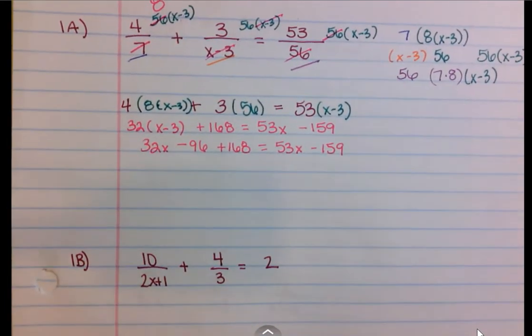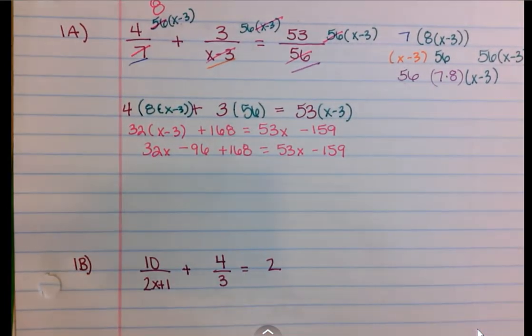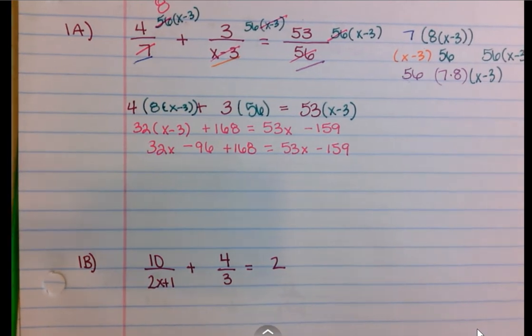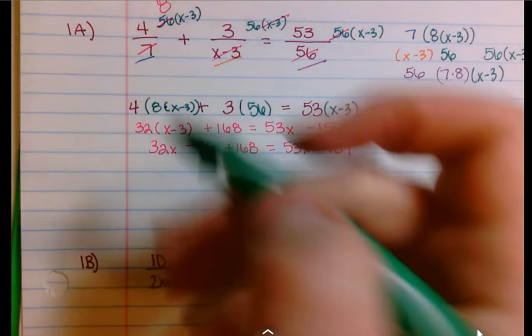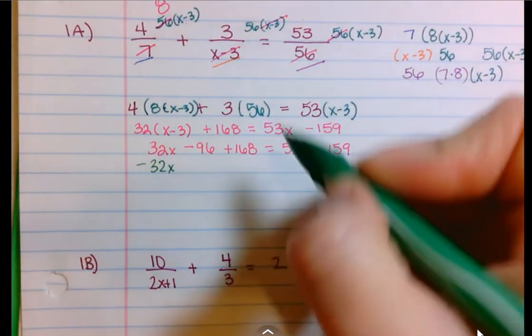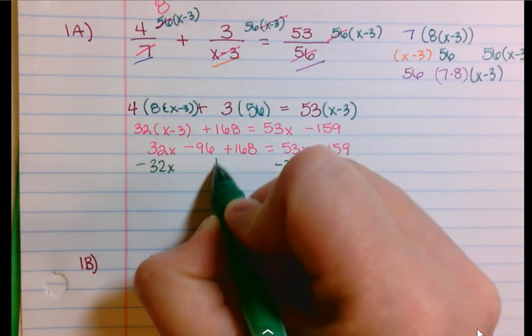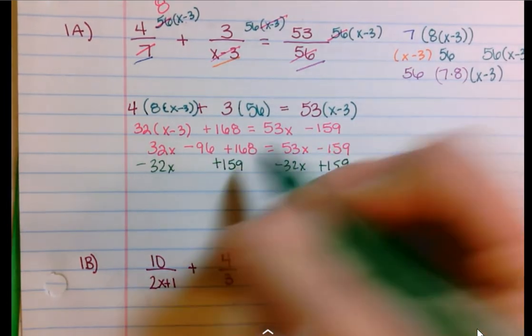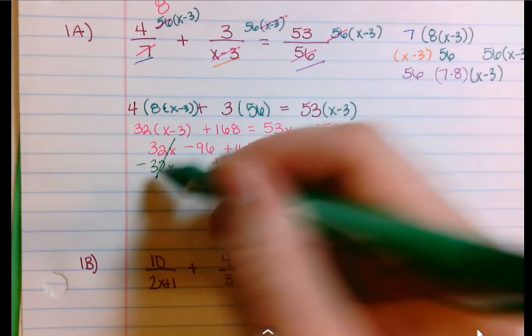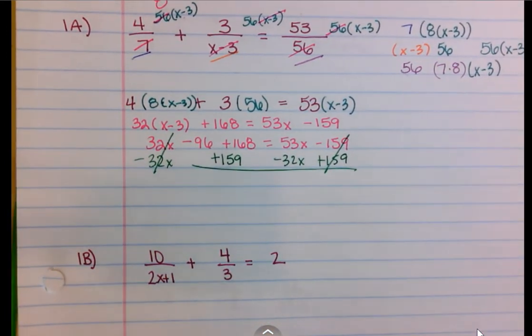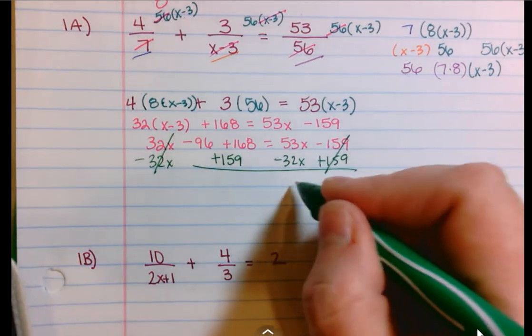So I'm going to subtract 32x and add 159 on both sides. So 53 minus 32 gives me 21x.